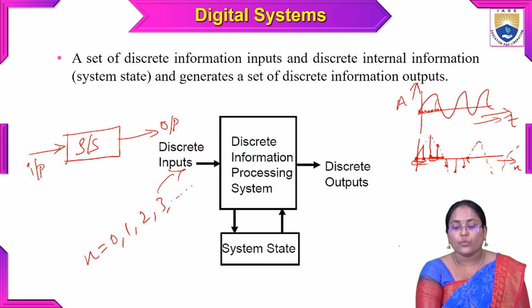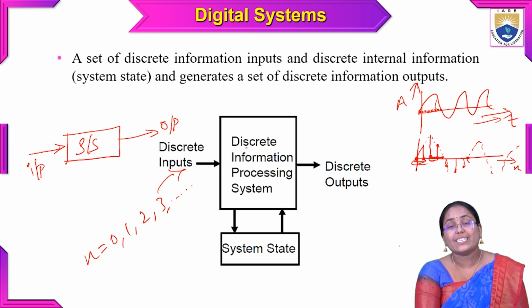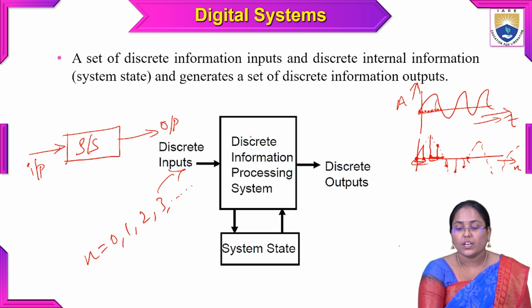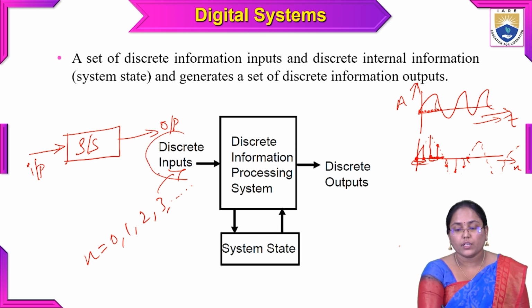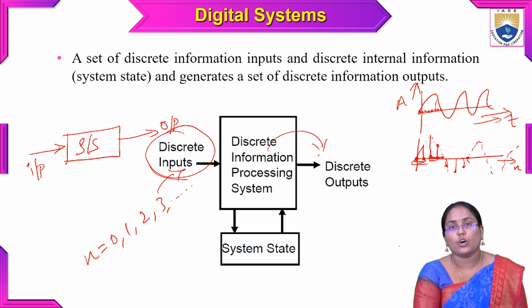So for that purpose, what we need to consider is digital filters. A discrete information processing system example is a digital filter. The digital filter has to be used here in order to process these discrete inputs, and we'll get discrete outputs.